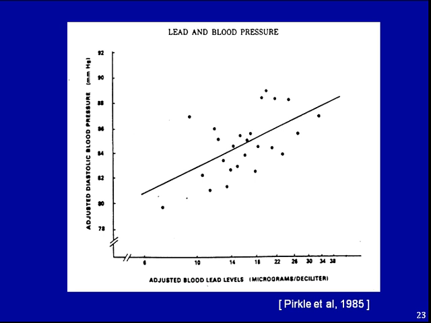But what you see here is that going from a blood lead concentration of about 6 up to just about 38, there's about a 10-point increase in diastolic blood pressure after controlling for all other factors known to be associated with blood pressure. And this study raised considerable concern because, number one, this was in the general United States population.